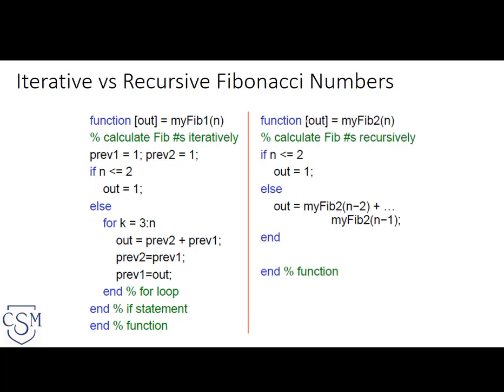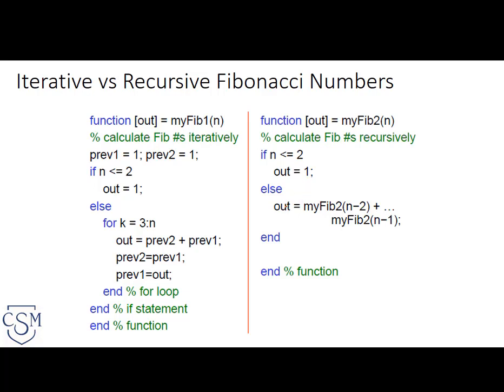Another way we could accomplish this is with the branching of our recursive function call. This is how we would accomplish it with a branching function. We of course have the base case where if it's 2 or 1, we'll let output be equal to 1.